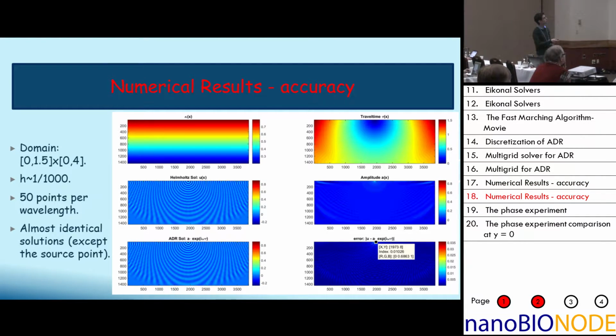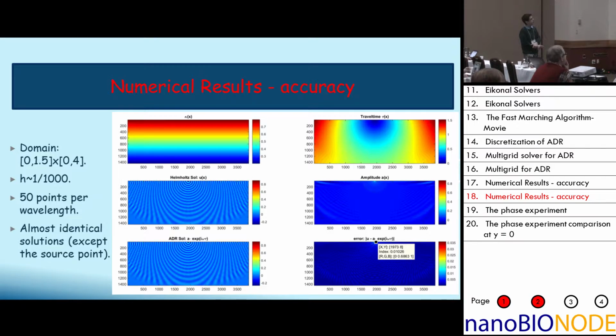First, we consider a linear medium where, as we go deeper, the ground becomes more dense. And this is the solution for tau. It's kind of circles like that. This is the solution of the Helmholtz equation. This is the solution of our formulation. H is 1 divided by 1,000, so the domain is 1.5 by 0.4.